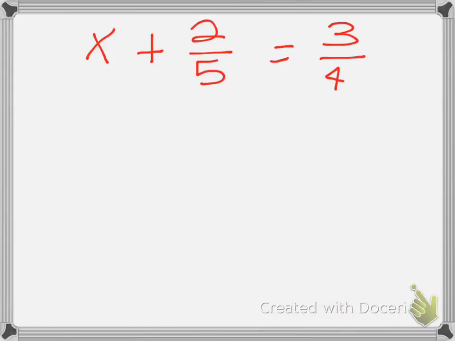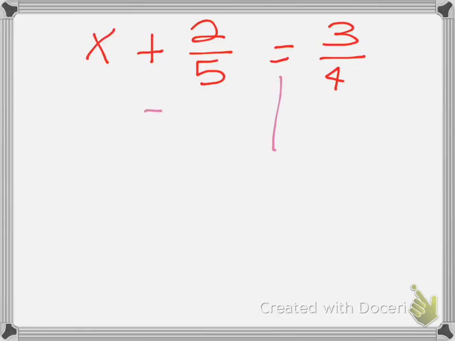Okay, so here we have an equation that we are going to solve that has fractions. The steps are the same as they were with integers, only now we're going to be doing the operation with fractions. So the first thing that I want you to think about is what operation we would need to use in order to solve this problem.